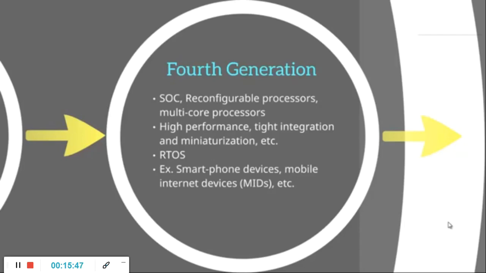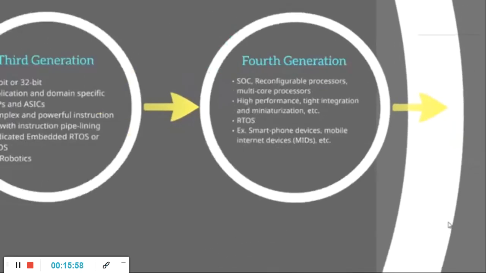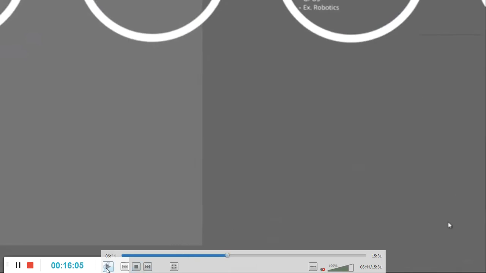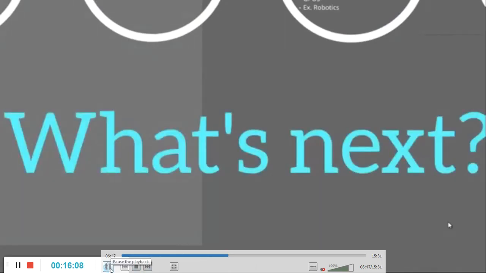At the same time, the size becomes smaller and smaller. Miniature PCBs are designed for the fourth generation. The needs of modern applications cannot be met without RTOS. Smartphones and mobile internet devices are all fourth generation. Embedded systems are now overlapping general computing systems in complexity and performance.